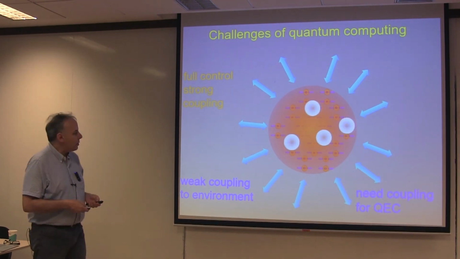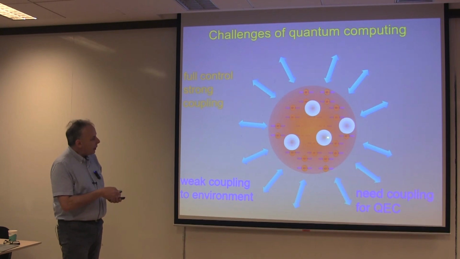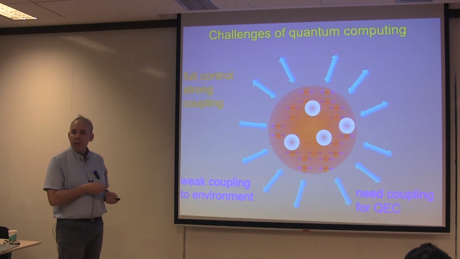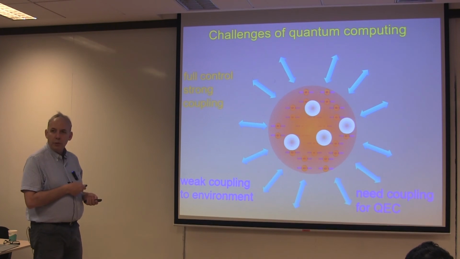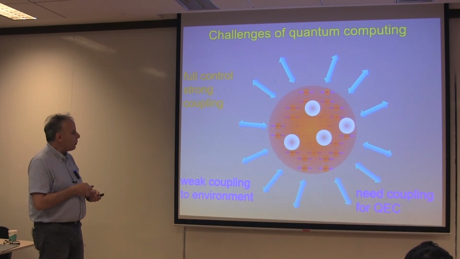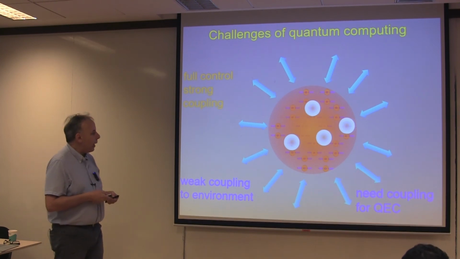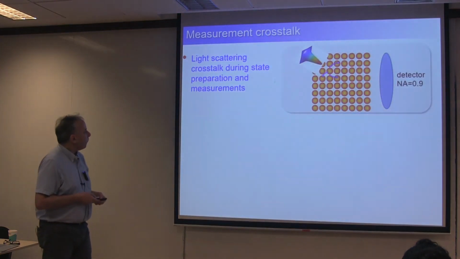We have to make measurements on the qubits. So we need to selectively couple some of these qubits to the environment to perform error correction. And it's challenging to couple qubits to the environment without disturbing other proximal qubits. And so let me speak to how we're going to deal with that challenge in the neutral atom setting.